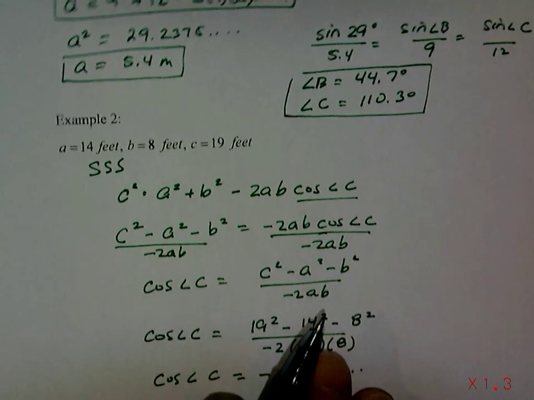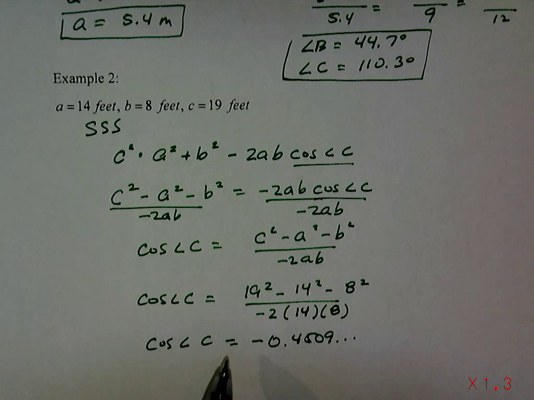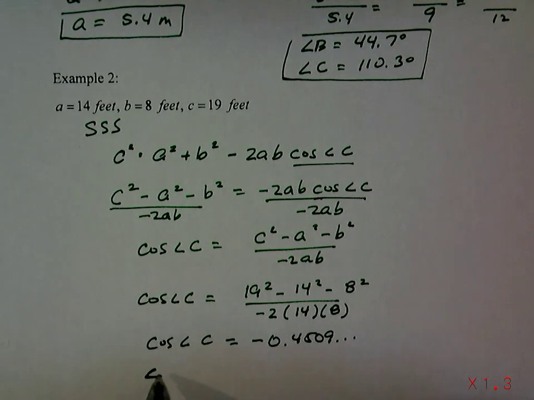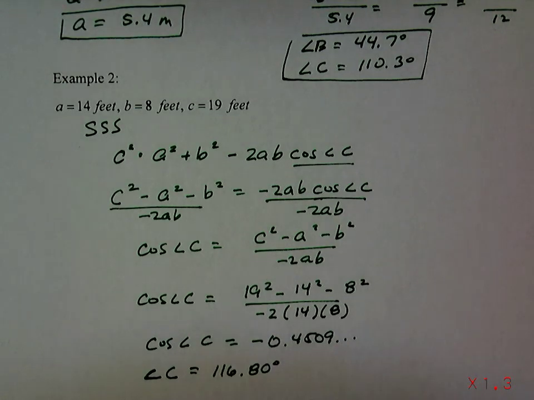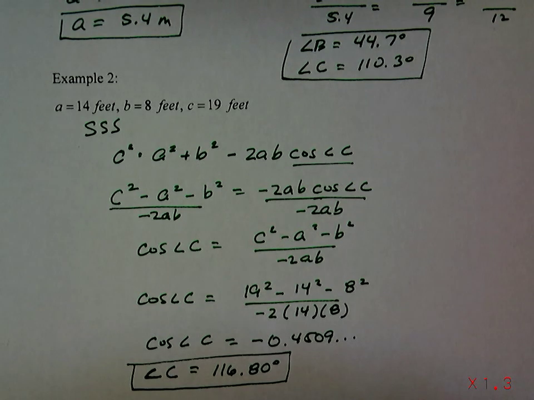And then just be careful, because you're looking for angle C. You're not looking for the cosine. So you have to do inverse cosine, and I get angle C is going to equal 116.8 degrees. Then I would use the law of sines to find the rest of the information. But for this example, I'm going to stop right there.